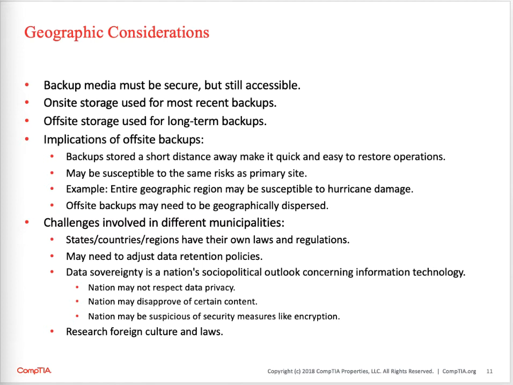An entire geographic region could be susceptible to a hurricane. If we're in Florida, having some of our stuff in Dade County and some of our stuff in Broward County is not really going to help us in that case. So off-site backups need to be geographically dispersed in order to hopefully cut down on that type of thing, right? So maybe you have something in Florida and then something on the West Coast, or in the Southwest.